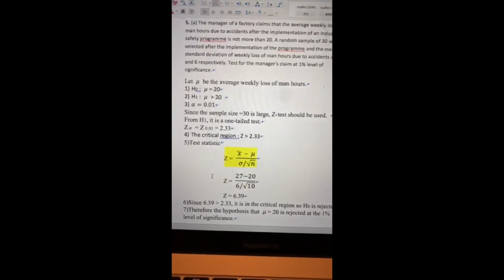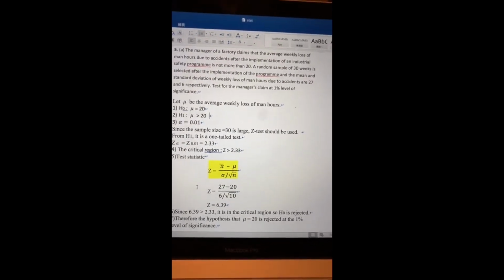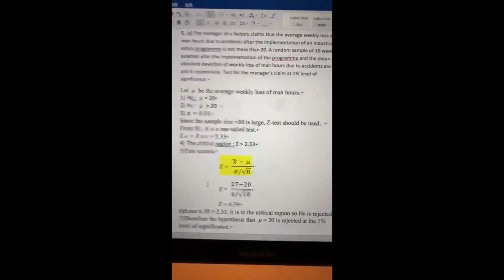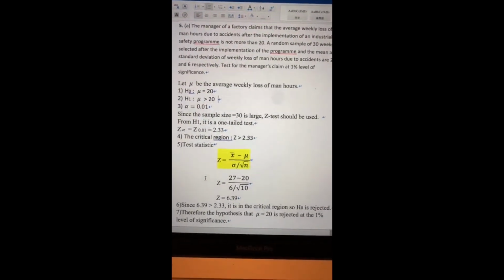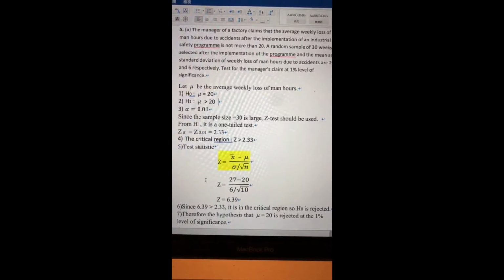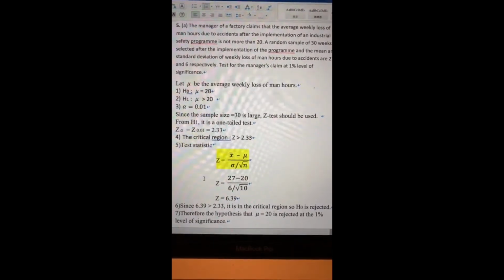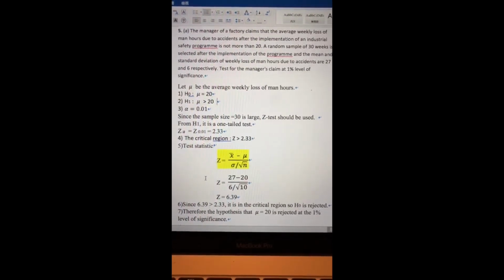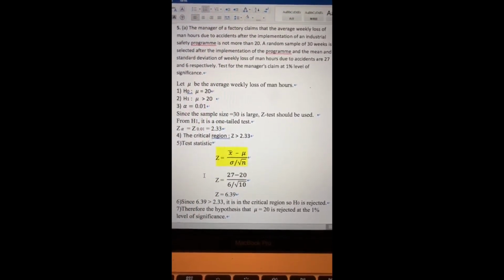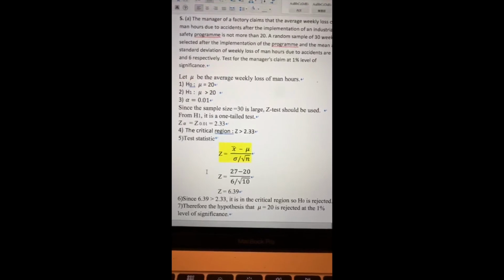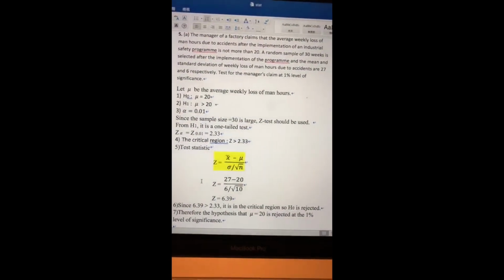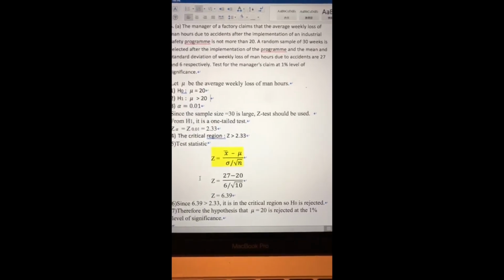According to the table of standardized normal distribution, we can know that this z 0.01 is equal to 2.33. Therefore, we can know the critical region, which is z is bigger than 2.33. And we can compute the value of the test statistic.